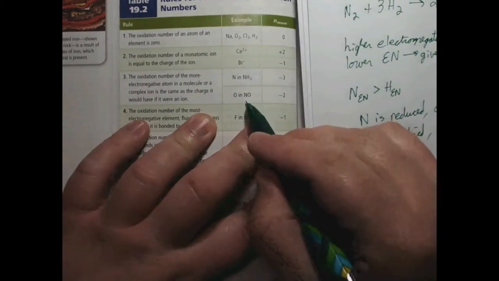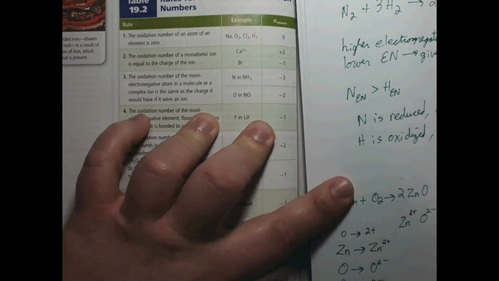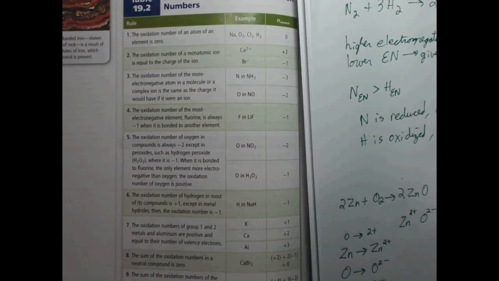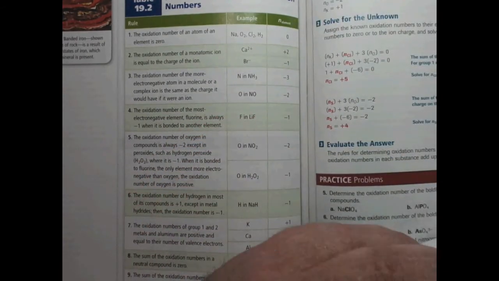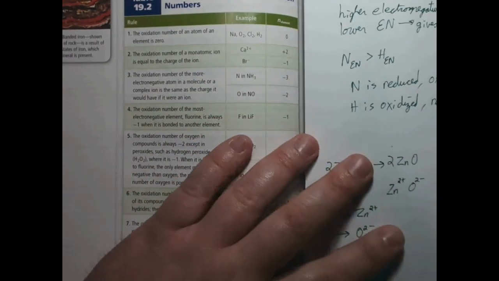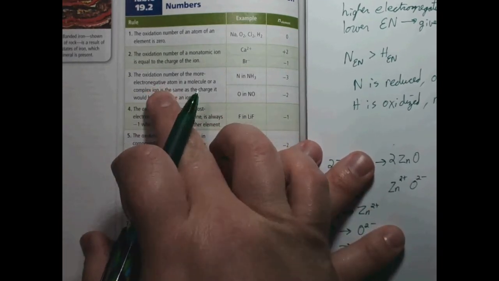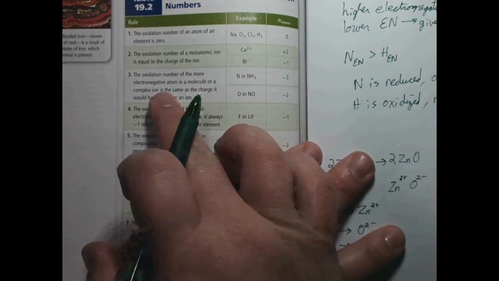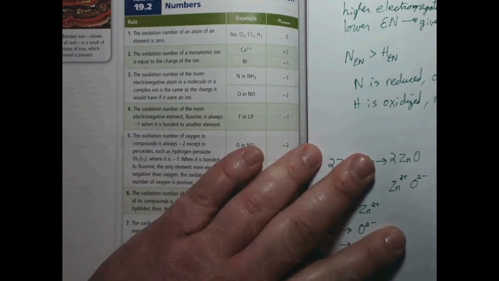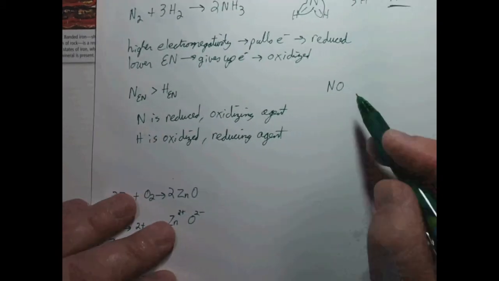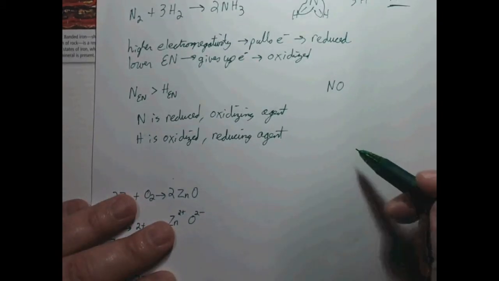The N in NO, nitrogen, oxygen. A little different here. The oxidation number of a more electronegative atom in the molecule or a complex ion is the same as the charge it would have if it were an ion. Here, oxygen is more electronegative than nitrogen, so it controls the charge.